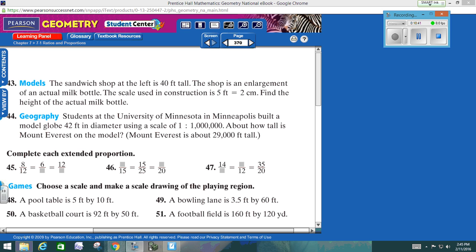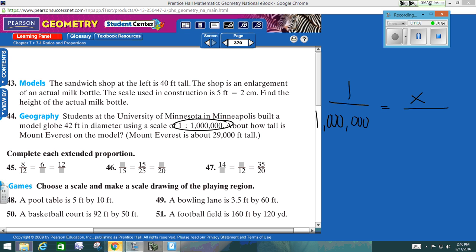What do you think we have to set up? A proportion, yeah, that's what we're doing. They give us our starting ratio, 1 to 1 million. Does 1 represent the model or real life? Model. So if I'm trying to find the height on the model, should I put my x in the numerator or the denominator?